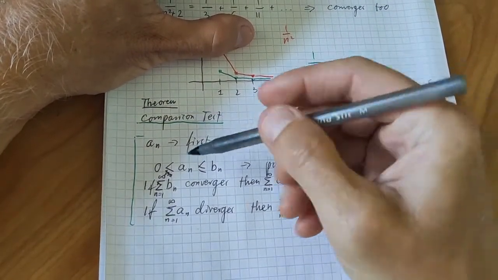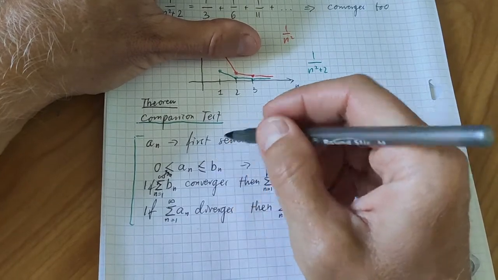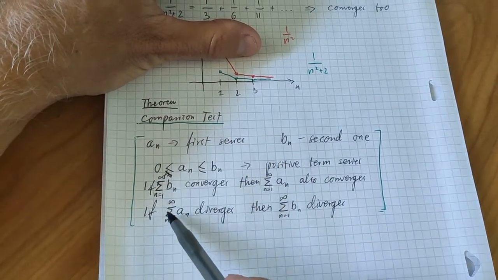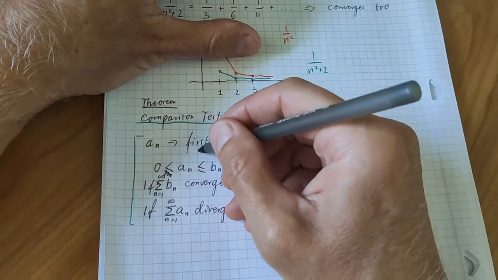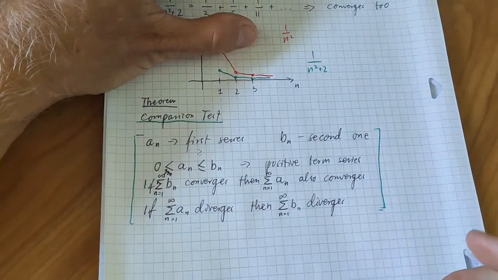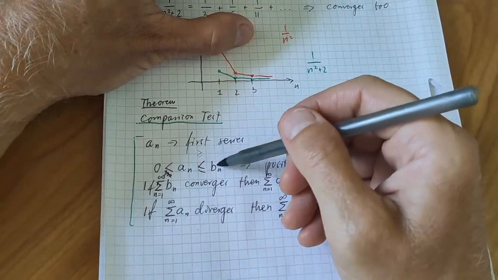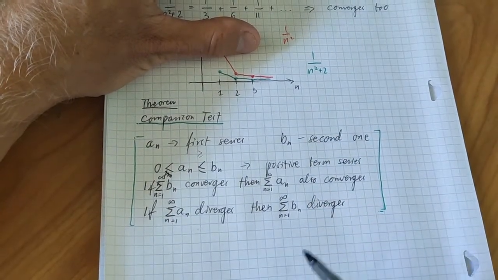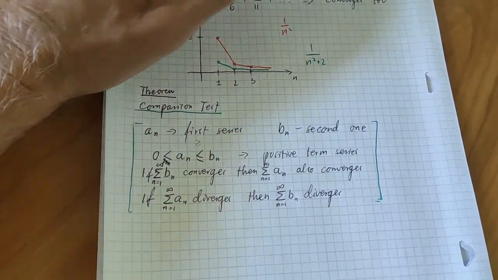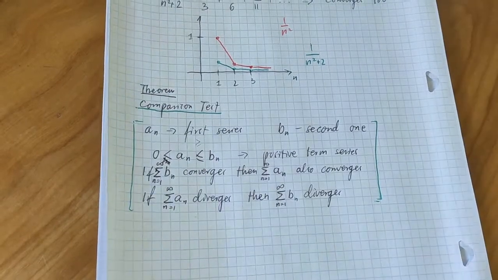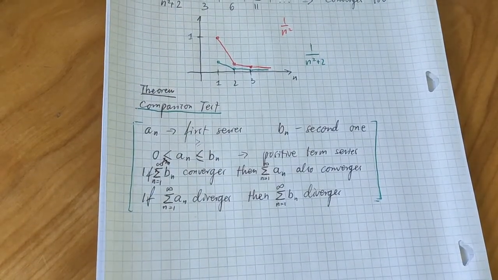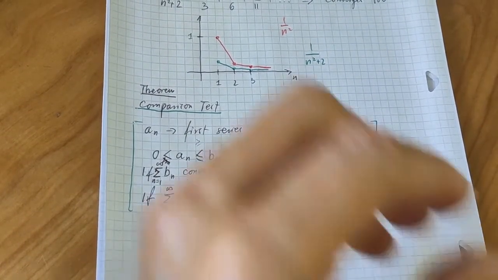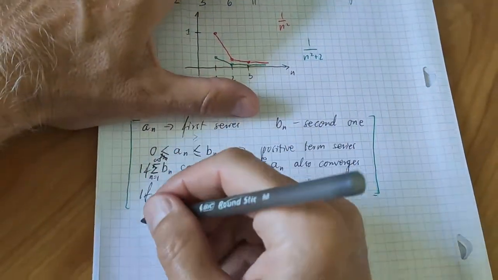If it's reversed, if I know that a sub n diverges, but b sub n is less than or equal to a sub n, then I cannot conclude this. I'll show you an example of how this doesn't work, but let me show you an example first of how it works.